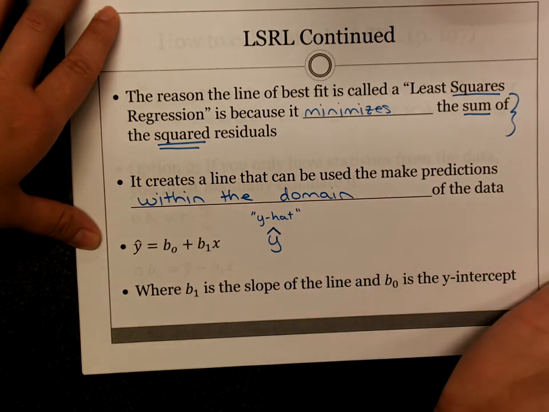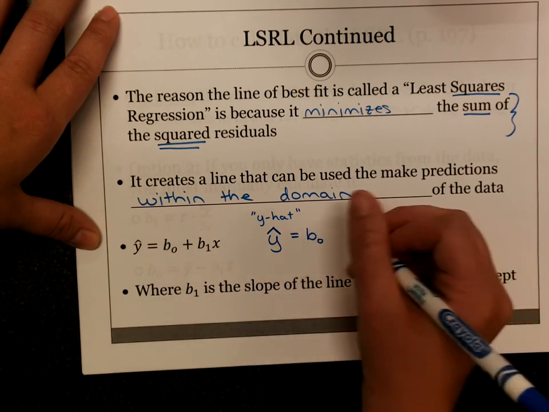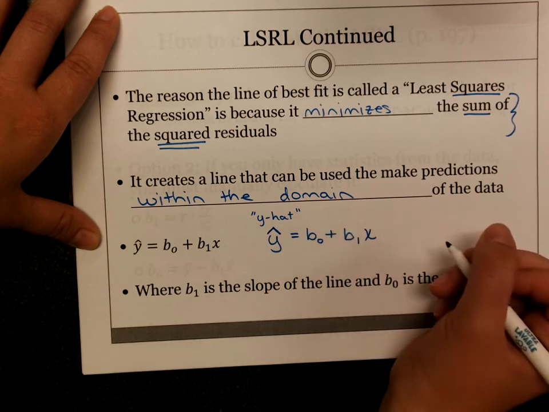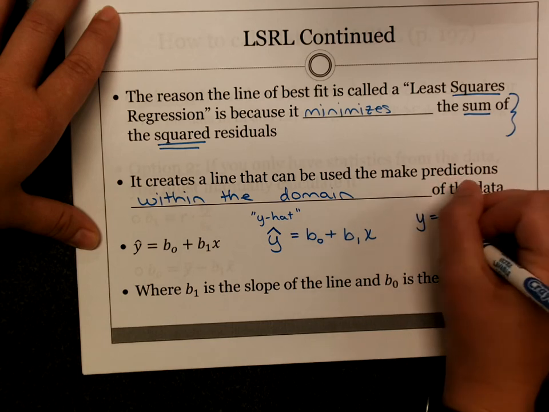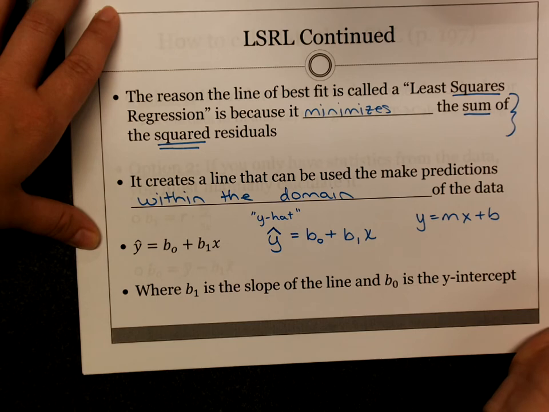It's kind of like x bar. It's not very creative. It's just y hat. And then we have what's called b naught plus b1 times x. Now in algebra class, I think you used mx plus b. It's the same idea.